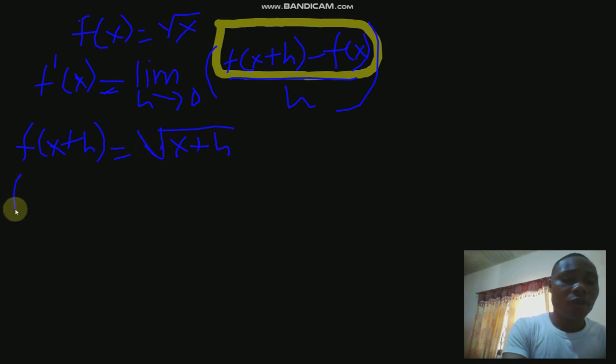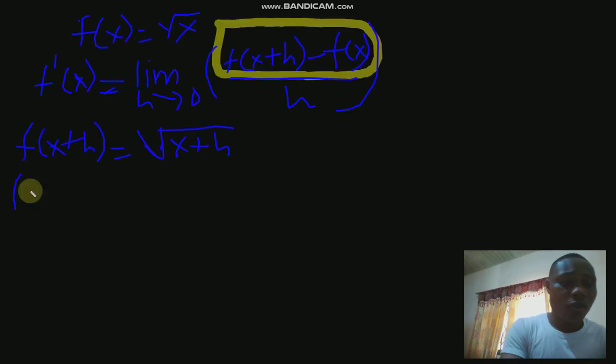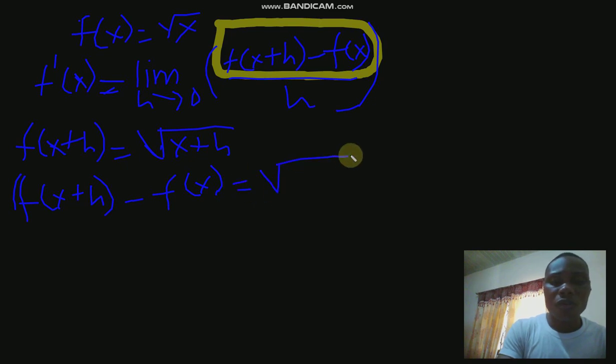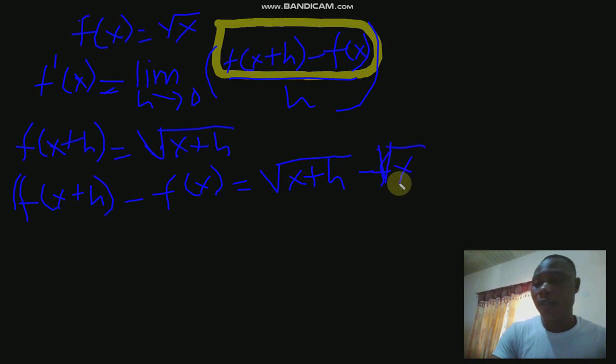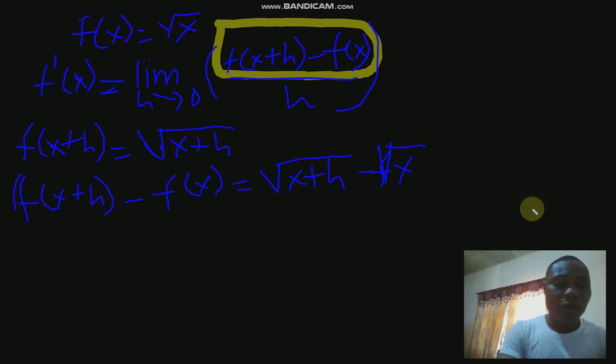Then f of x plus h minus f of x gives root of x plus h minus root of x. That is what you are supposed to get for the numerator, but we can simplify it.